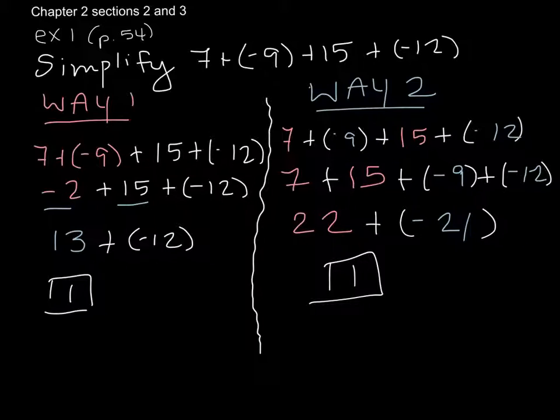Okay, so what's the point of all this? Well, it's simply to show you that we can look at one problem in 2 different ways. There are many different ways that we can decide to combine these 4 integers using our properties of addition.